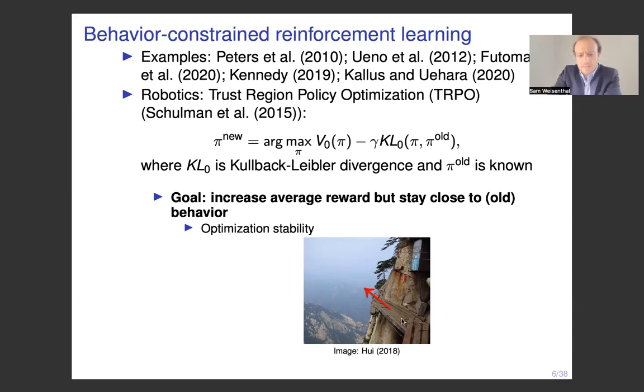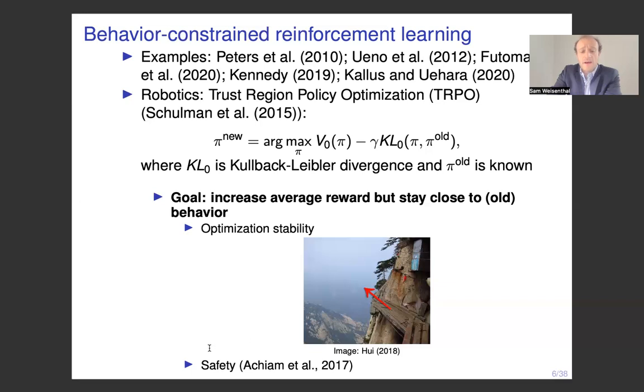If we're climbing some kind of objective function, you can imagine, and this was an analogy given in a blog post by Huey in 2018, that it's like climbing a mountain, and if you take too large of a step, you may fall off the path that leads you to the top. So this KL divergence term constrains the step size, and that then constrains the optimization itself.